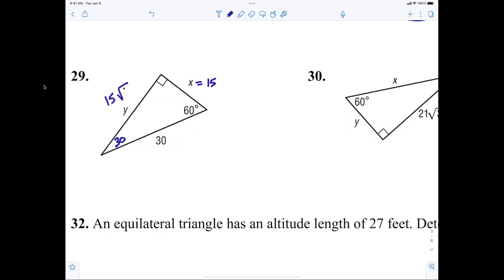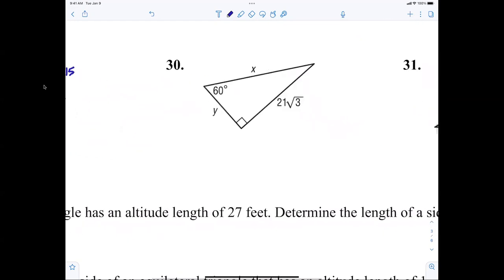Radical. 15 radical 3. All right. Now 21 radical 3, what angle does that correspond to? The 60. So then what is Y? 21. And what is X? 42.